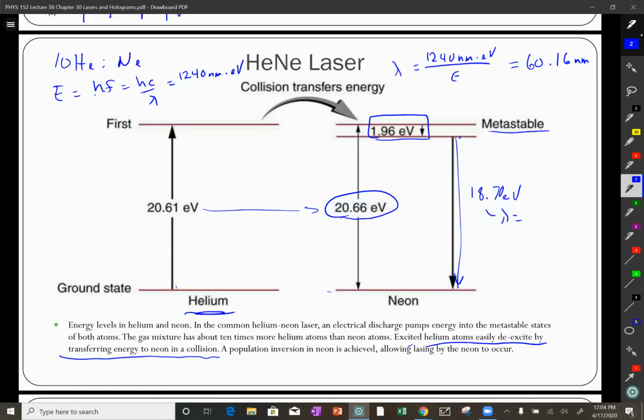So that's a 66.31 nanometer radiation. Well, that's once again very ultraviolet. They're going to have a filter on your helium neon laser, and all you have to do is use glass. Glass will absorb that. So we don't have that very damaging ultraviolet radiation coming out. And what we do have is this radiation that's visible.